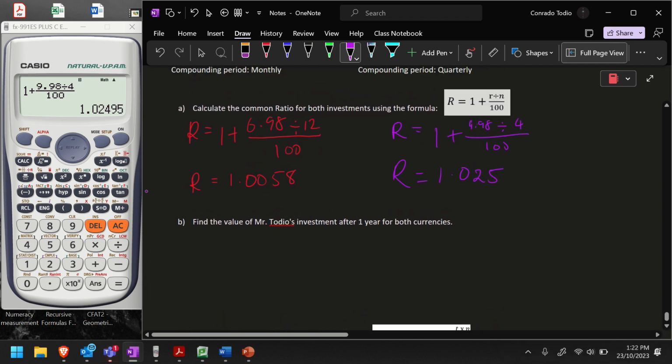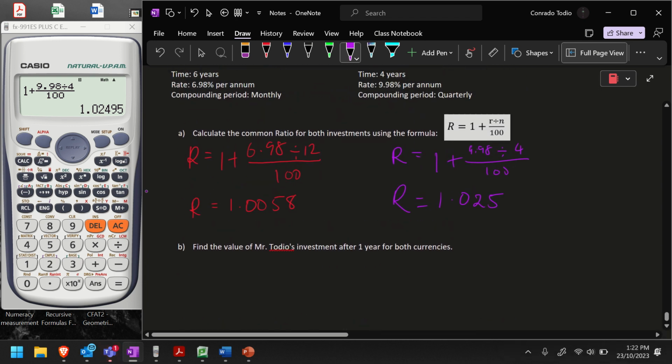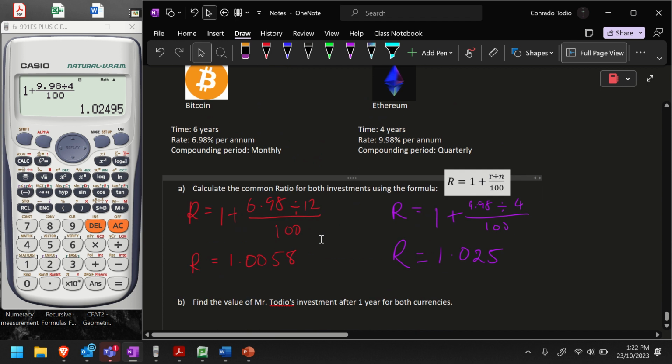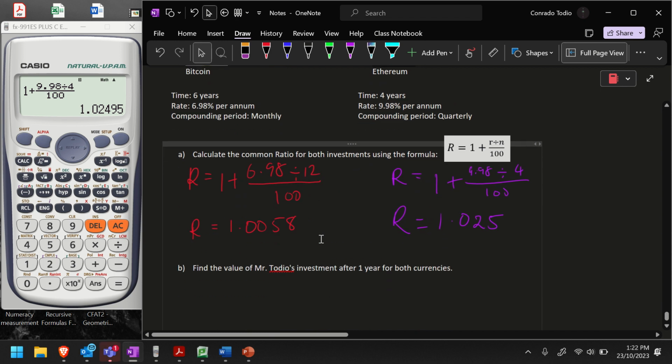So find the value of the investment after 1 year for both currencies. Now, here's the thing. After 1 year, that means that we're looking for a certain number of terms. If you're looking at Bitcoin, how many times is it compounding in 1 year? 12. So which term are you looking for after 1 year? The 12th term.